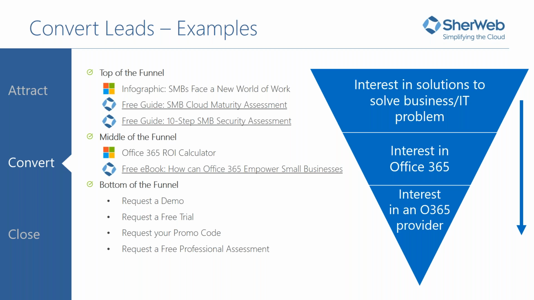If it's, for example, in the middle of the funnel, the free ebook from ShareWeb, Empower Small Business with Office 365, you can just add Empower Small Business, small legal firm, with Office 365, and you just add a couple of points inside the document about legal and specific to that, and here you have your content, and you haven't spent hundreds of hours to write it.